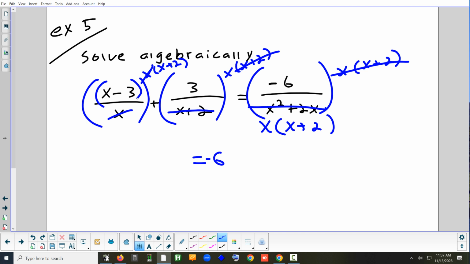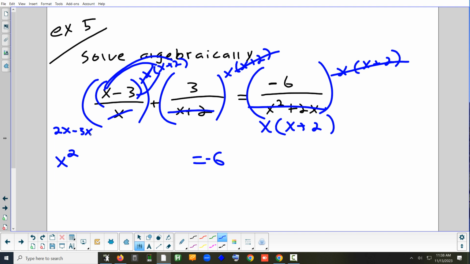What's the word that some people use to remember how to do that? FOIL. Yeah, the FOIL. So we're going to get x times x, which is x squared. We're going to get x times 2, so it's a 2x. And then an x times negative 3. So we can put those together right away.